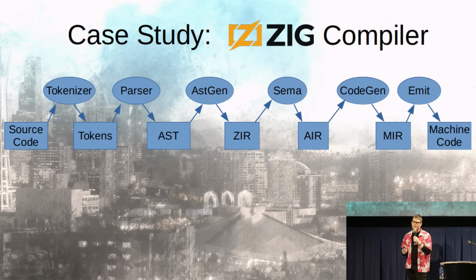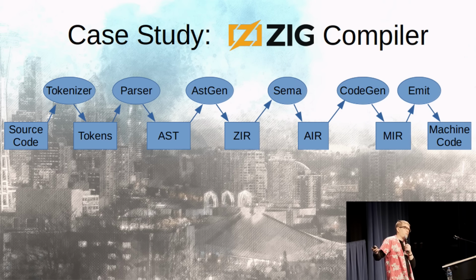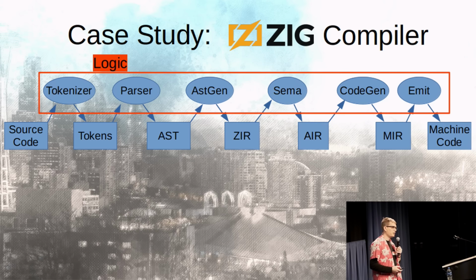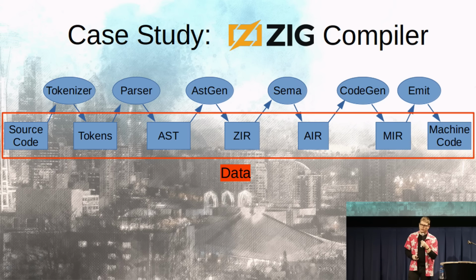So this is the pipeline of the Zig compiler. It's pretty standard. On the very left-hand side, we have source code, which is what you type into the editor. Right-hand side, we have machine code, which is what the CPU understands. This stuff is logic, so this is like implementations of doing stuff. This stuff is data, right? Source code is data, machine code is data.